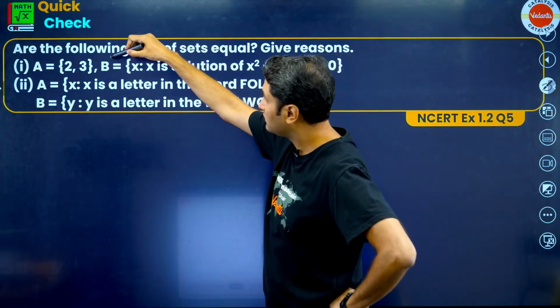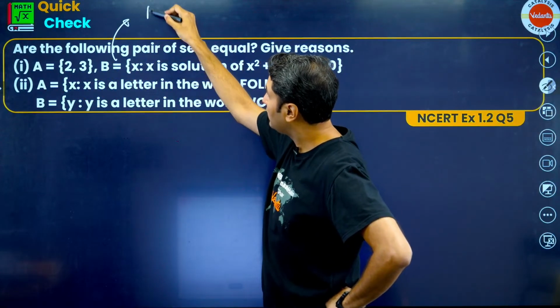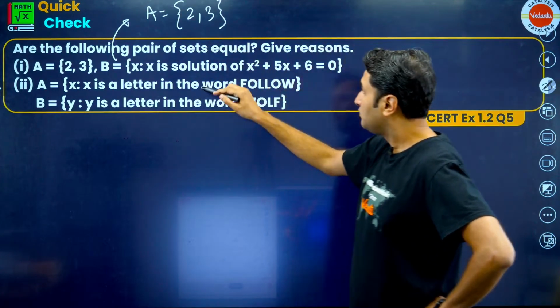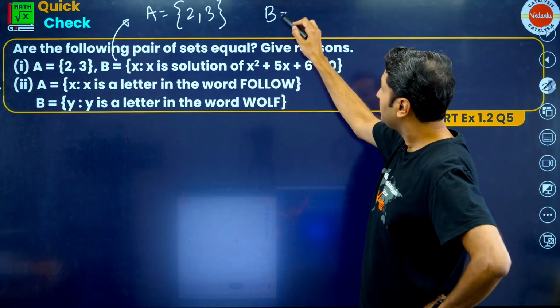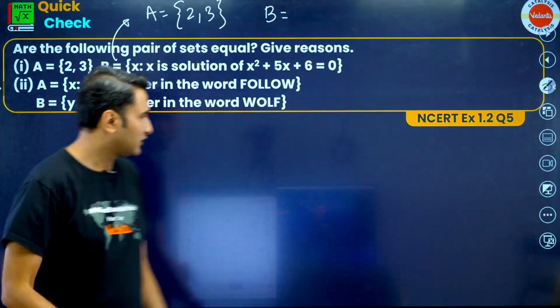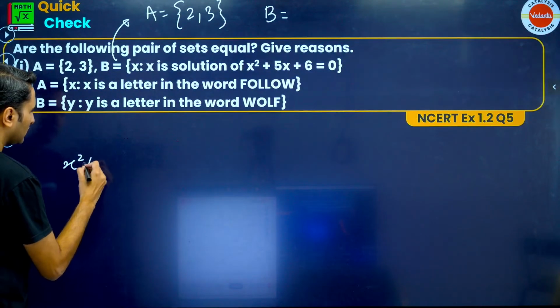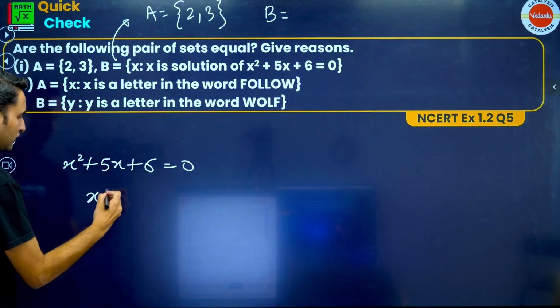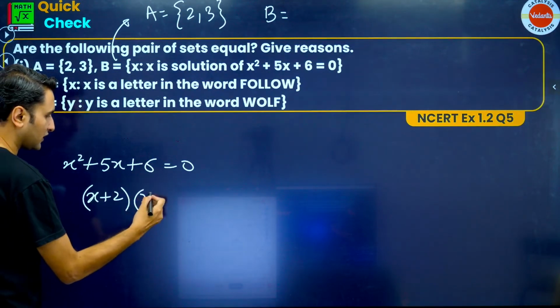In the first one, A has 2, 3, elements 2 and 3. B, what is B? x square plus 5x plus 6. Can you factorize it very quickly? So x square plus 5x plus 6 equal to 0. This is x plus 2 into x plus 3 equal to 0.